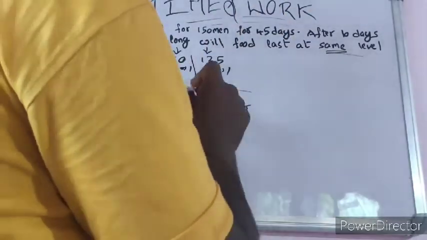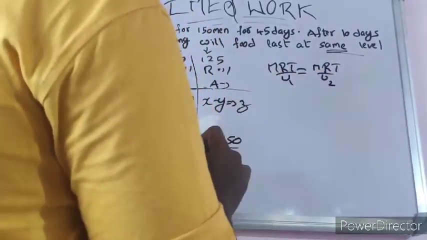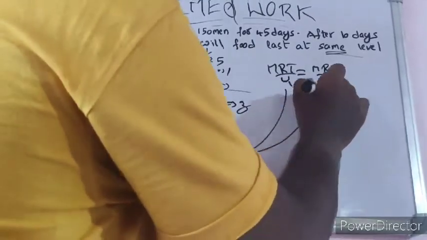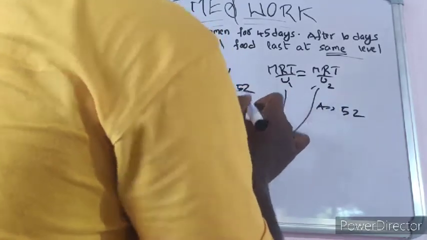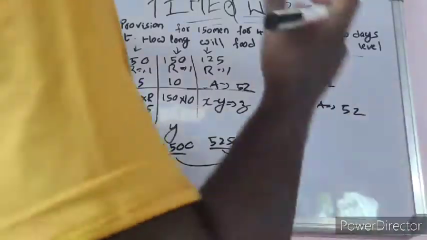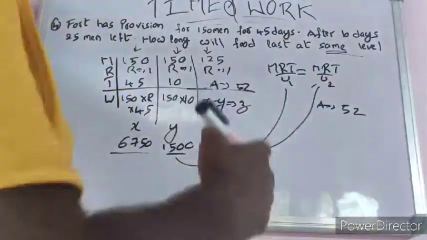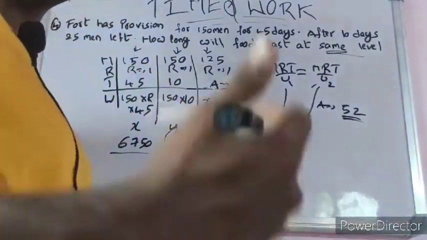So when you use M1 R1 T1 by W1 is equal to M2 R2 T2 by W2 and substitute everything, you'll find 52. Okay, substitute everything, find out whether the answer is correct or not, and mention it in the comment box.